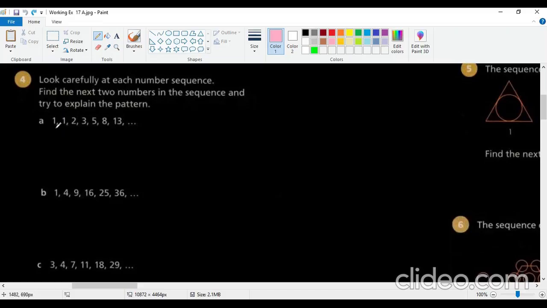Now, I can see that 1 and 1 are added to make a 2, 2 and 1 make 3, and 2 and 3 make 5, and 5 plus 3 gives 8, 8 plus 5 gives 13. So the pattern is adding the previous terms.